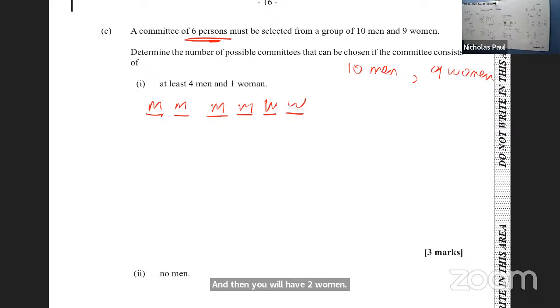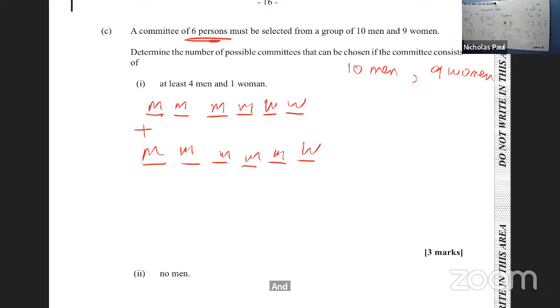At least 4, at least 1. And the next option: 5 men and 1 woman. Could you have 6 men? No, because it must have at least 1 woman. Work it out. And means what? Do you multiply or add? Work it out and see what you get.